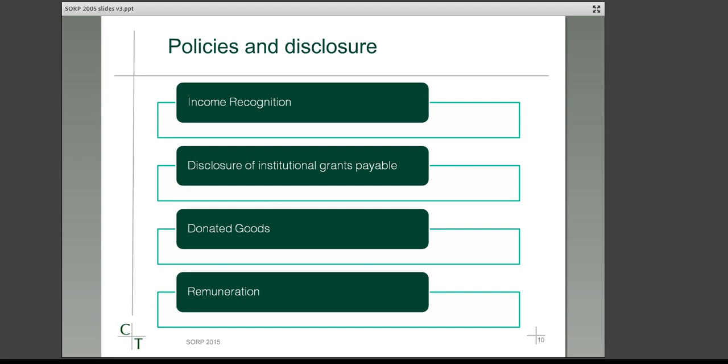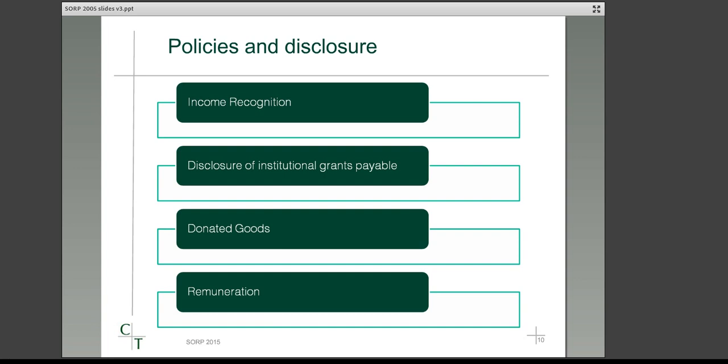Now, you might think this makes it easier to take income into your accounts, but I think what you'll have to do is look at each source of income you have, look at the detailed guidance in the SORP, and it could be that in practice this doesn't make too much of a change to the way you recognise income.